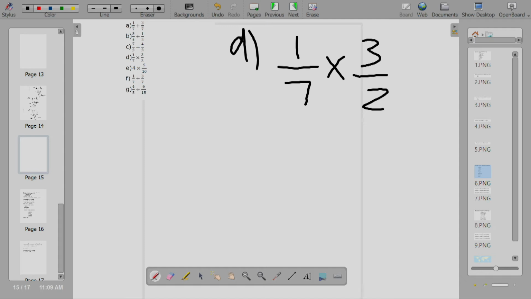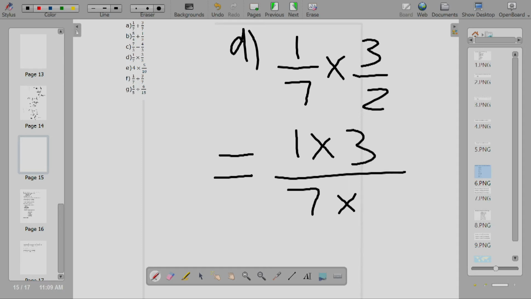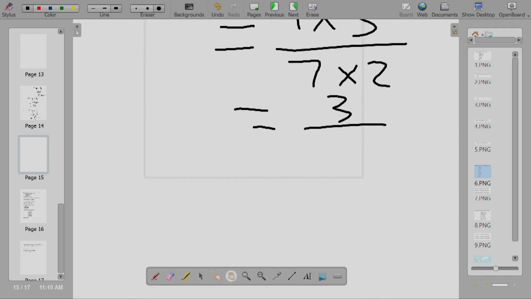These two fractions can be multiplied as follows: 1 times 3 over 7 times 2, which is equal to 3 over 14. So the answer will be equal to 3 over 14.